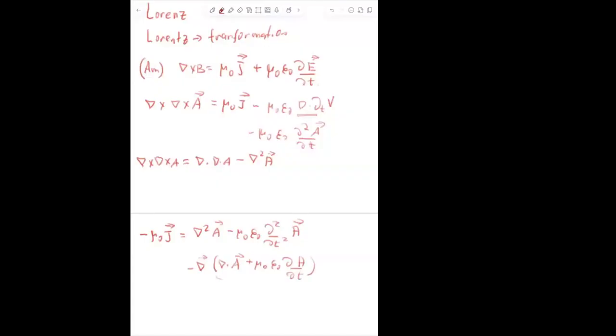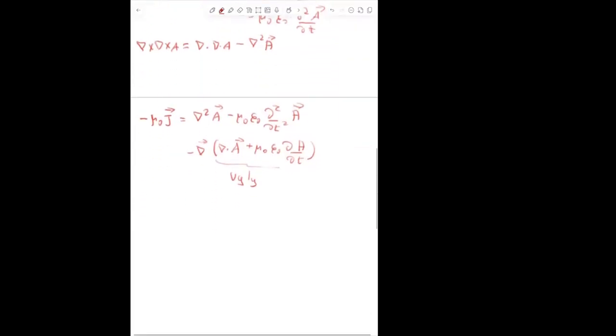Now, this guy is simply ugly. The first part is beautiful because we see that time and space are treated in the same way. Now, the idea of the Lorenz gauge goes, okay, Lorenz.